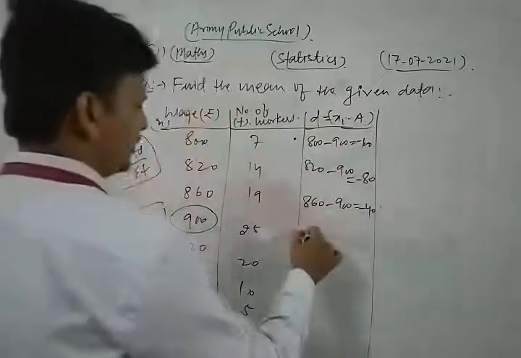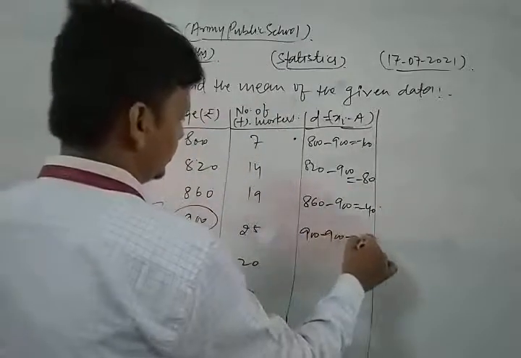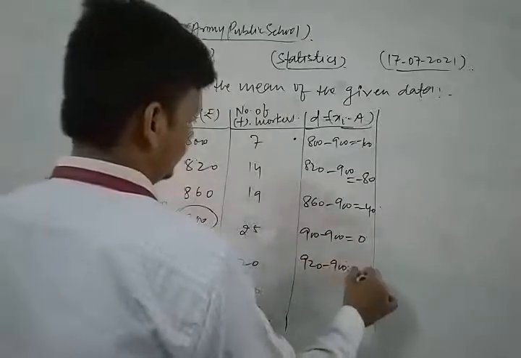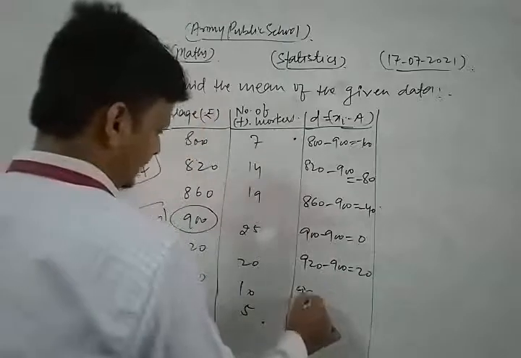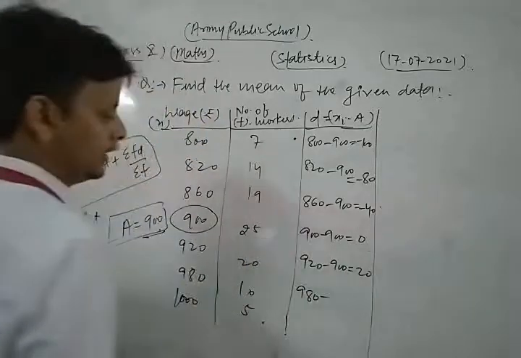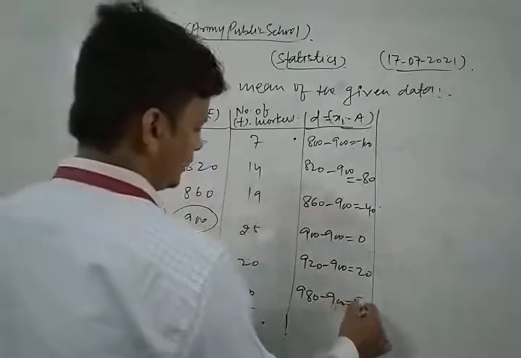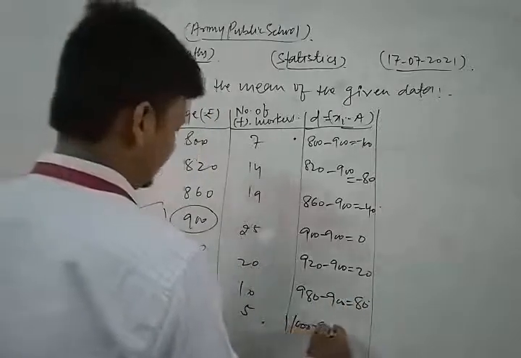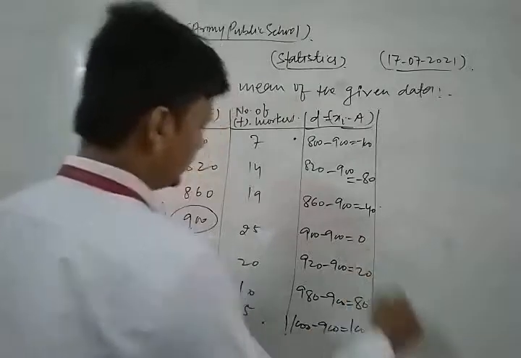Now 900 minus 900 is 0. 920 minus 900 gives plus 20, 980 minus 900 gives plus 80, and 1000 minus 900 is 100.